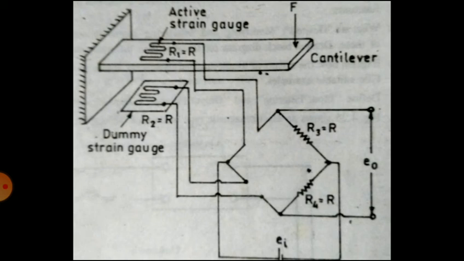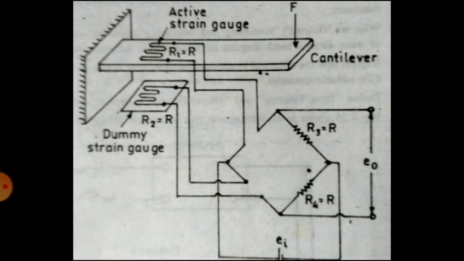In this, the system is so designed that the output caused by the spurious inputs is opposed by components physically built into the system. So this R2 is physically built into the system, and that is called a dummy gauge. That physically built system cancels out the output caused due to the spurious signals.